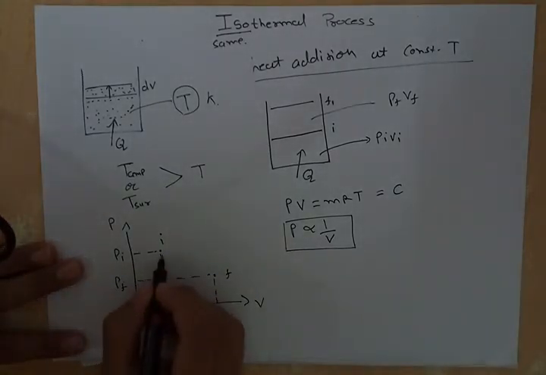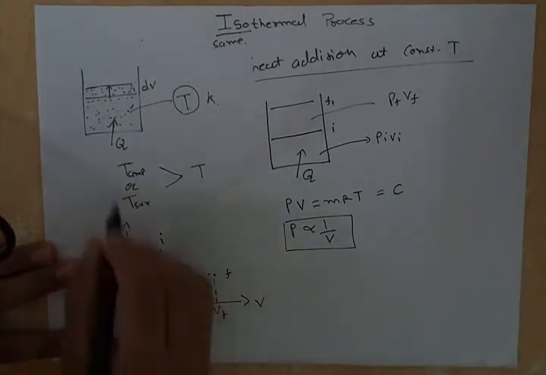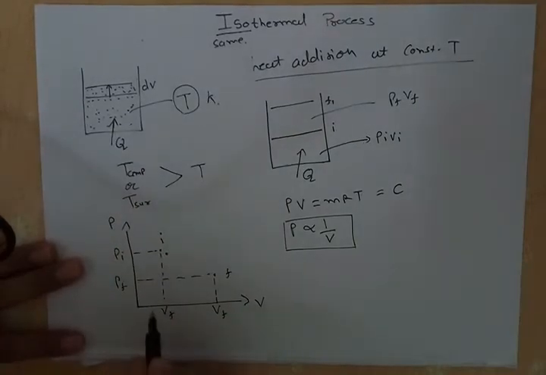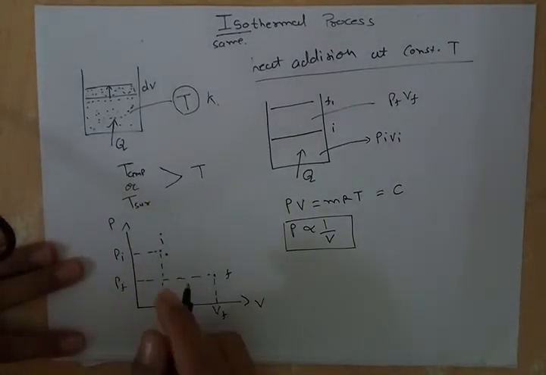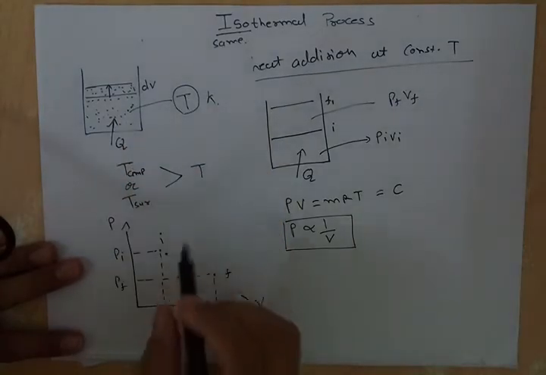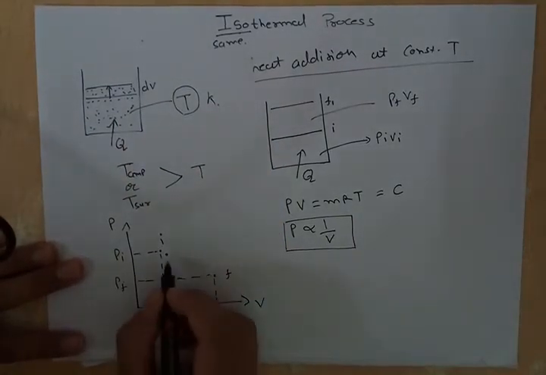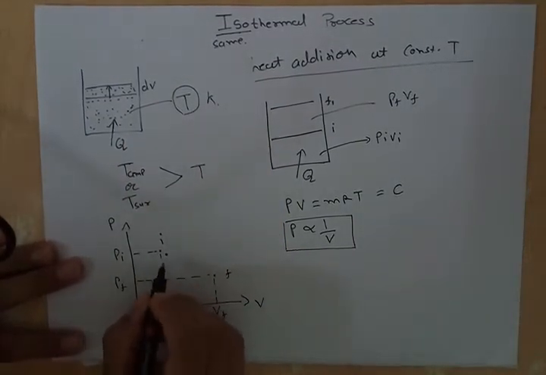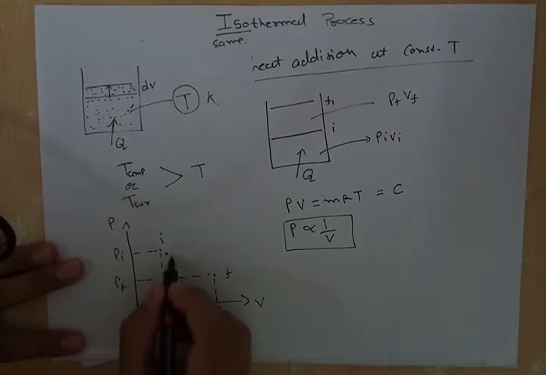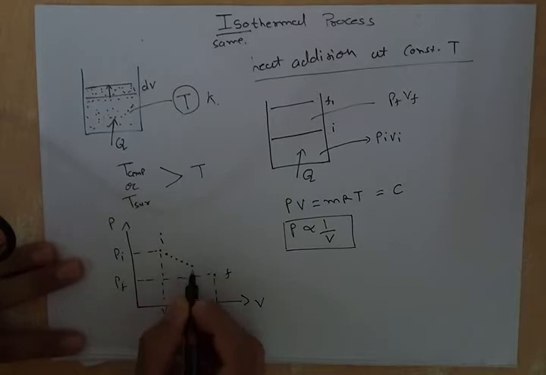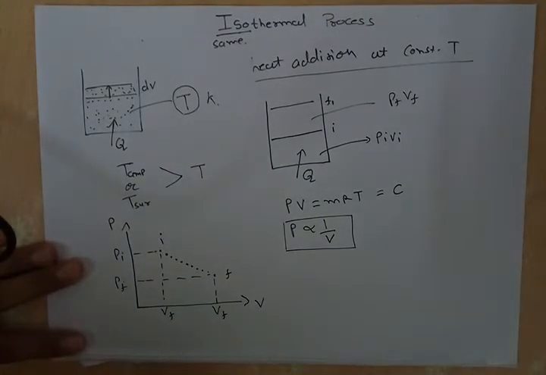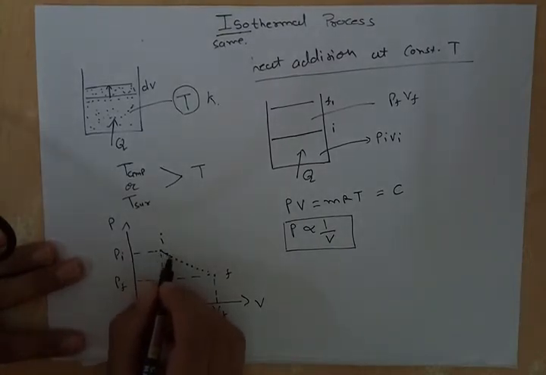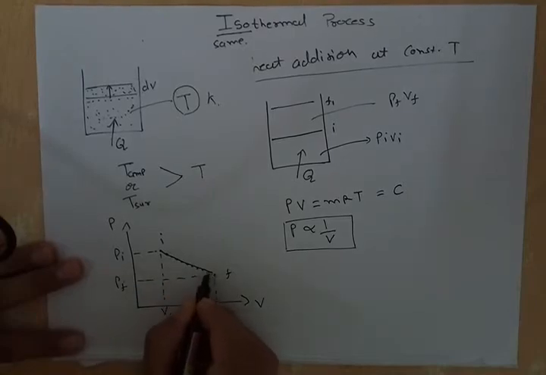And all the intermediate states, as this is a reversible process, we have assumed that all the process in closed volume system we are taking as reversible process. So of course it is quasi-static process, and hence we can plot all the intermediate states. And this curve is hyperbola.